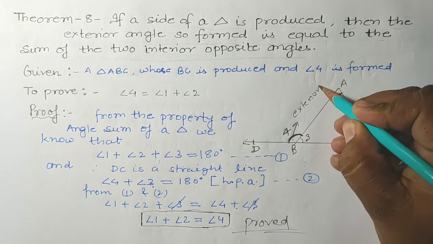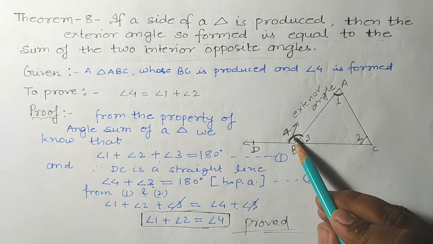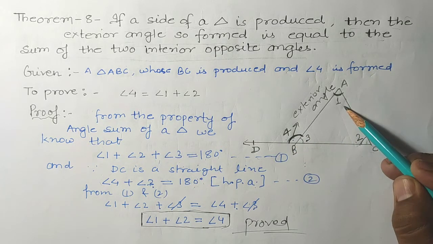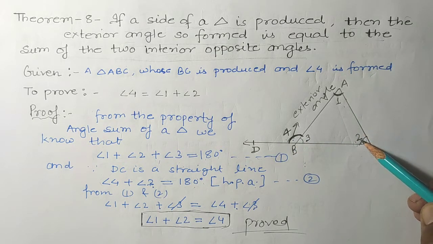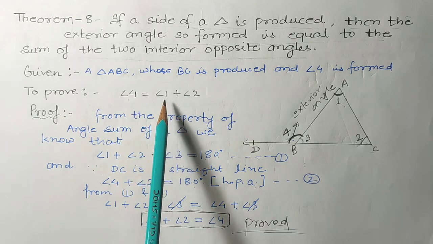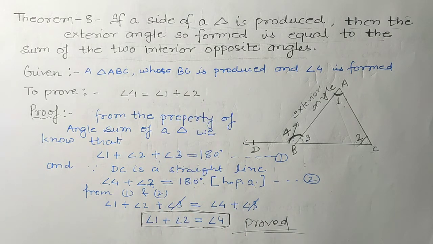Angle 4 will be equal to the sum of the two opposite angles, that is angle 1 and angle 2. We proved in the last part of the video that angle 4 is equal to angle 1 plus angle 2, and this result is known as the exterior angle property of a triangle. On these two results exercise 6.3 is based. We have solved till question number 2.